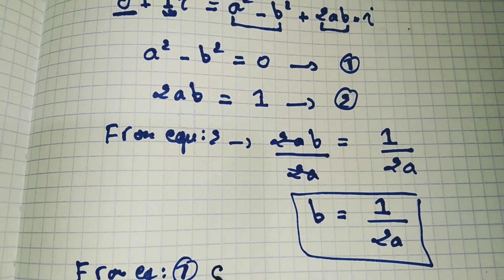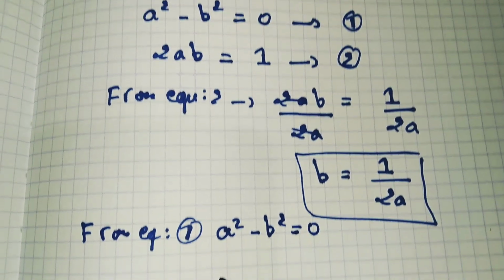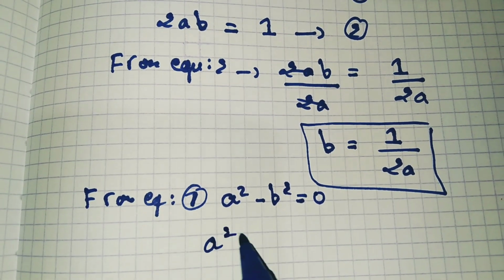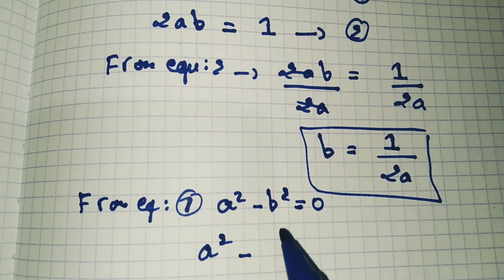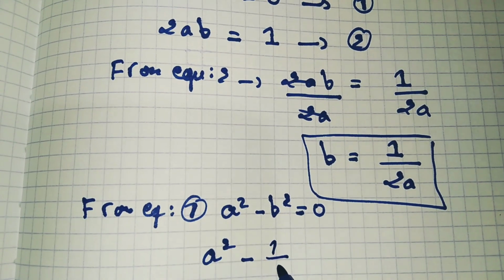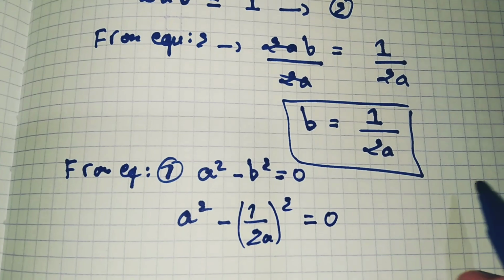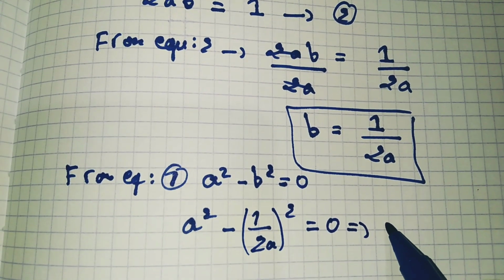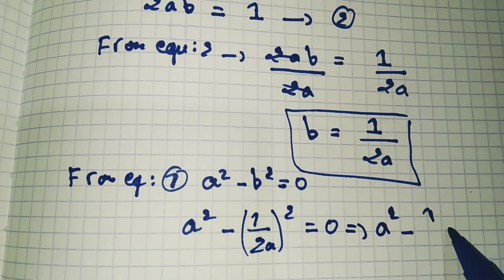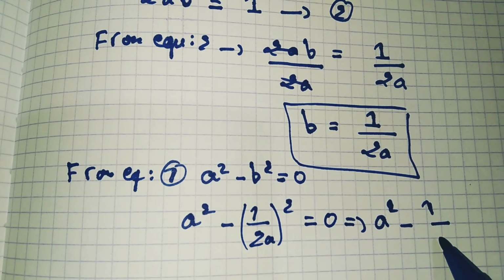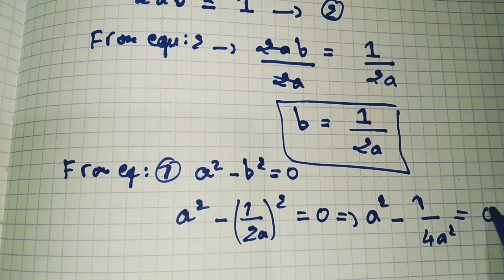From equation 1, a squared minus b squared is equal to 0. So a squared minus, but b is equal to 1 over 2a, so minus (1 over 2a) squared is equal to 0. So a squared minus 1 over 4a squared is equal to 0.